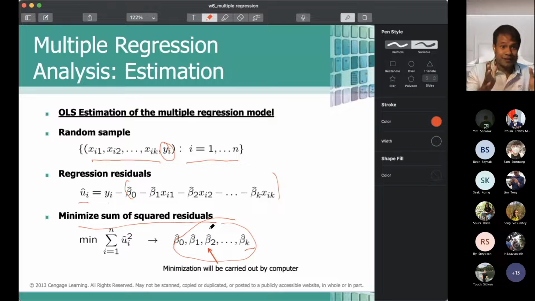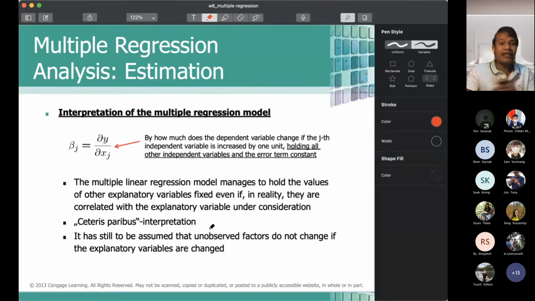All right, so as long as you understand simple linear regression, we apply the same rule. All right, so the interpretation of multiple linear regression is also the same as simple linear regression.